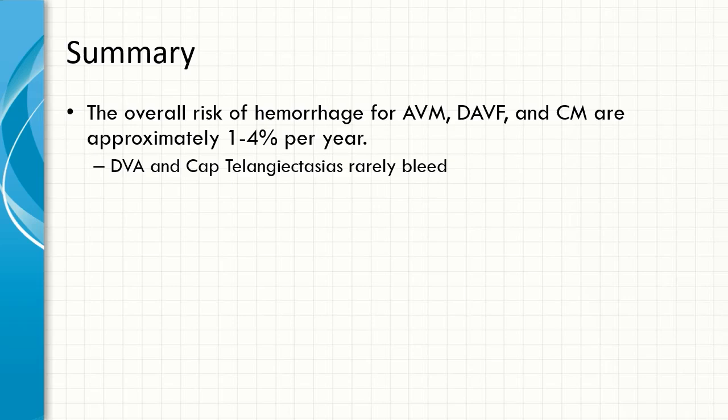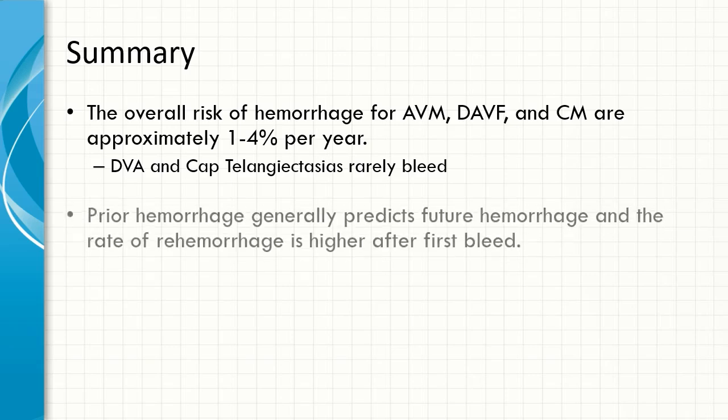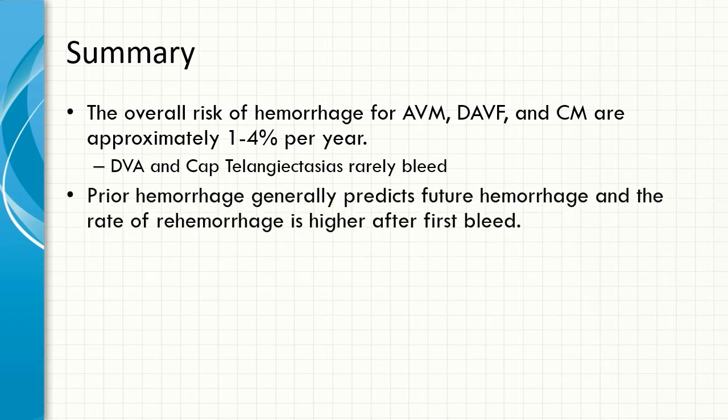The overall risk of hemorrhage for AVM, dural AV fistula, and cavernous malformation is approximately 1 to 4% per year. The individual risk varies depending on other characteristics. Developmental venous anomalies and capillary telangiectasias rarely bleed. Prior hemorrhage generally predicts future hemorrhage in all of the vascular malformations, and the rate of rehemorrhage is higher after the first bleed.